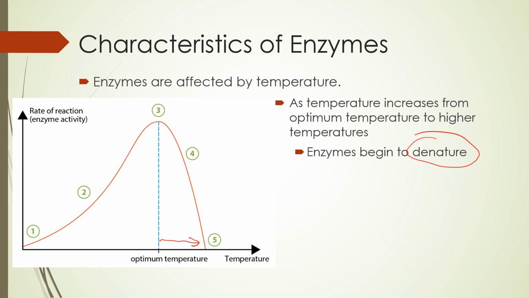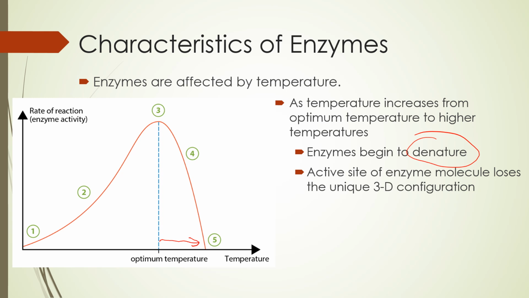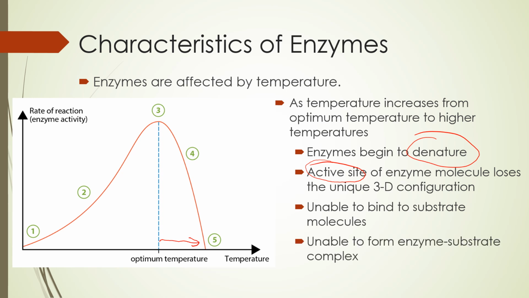So this denaturation of the enzymes will slow the reaction down, because when the enzyme denatures, the active site of the enzyme is permanently changed, is altered. And when it is altered, it is unable to bind to the substrate because they are no longer complementary.